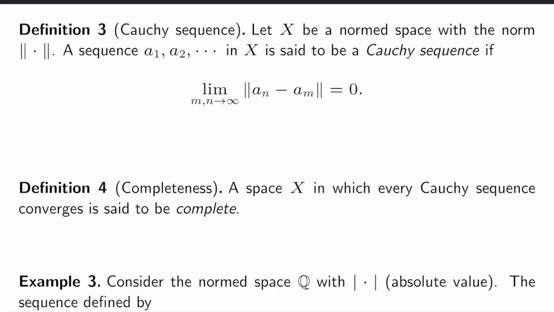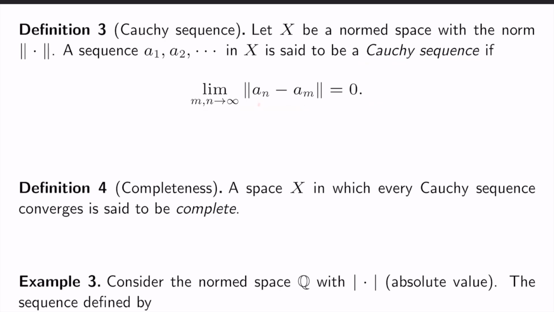Next, let's review the definition of the Cauchy sequence. Let X be a normed space with a norm written as this, and a sequence a1, a2, and so on that continues infinitely in X is said to be a Cauchy sequence if this is satisfied.